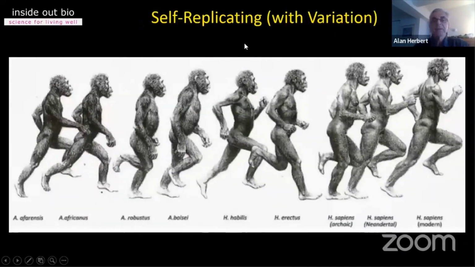And in terms of self-replicating, well, depending on which way you want to look at this, whether this guy is running away from a lion or this guy is running towards a potential reproductive partner, what happens is there's selection for variation so that survival of the species by propagating the next generation is something that is favored by natural selection. And along that process, variation accumulates from all the errors in the genome to make this process more efficient.